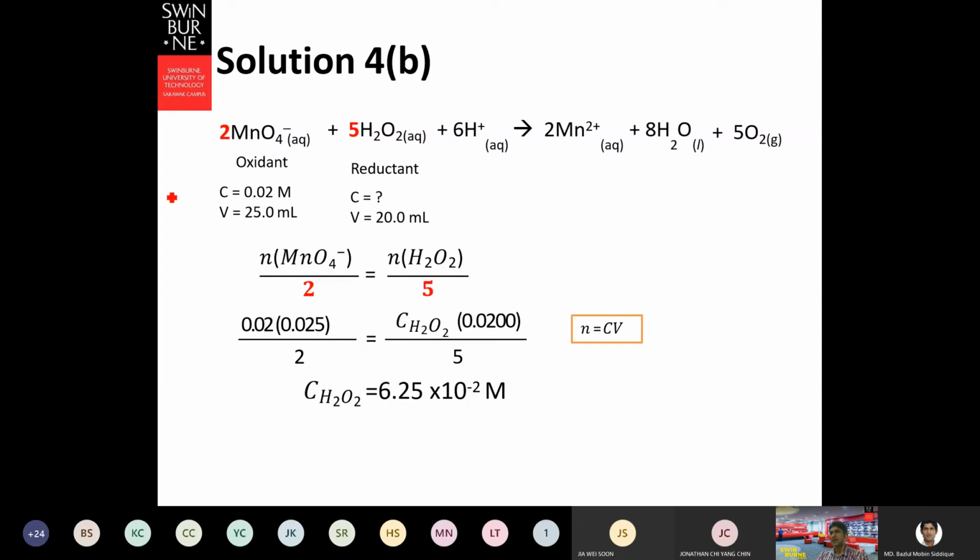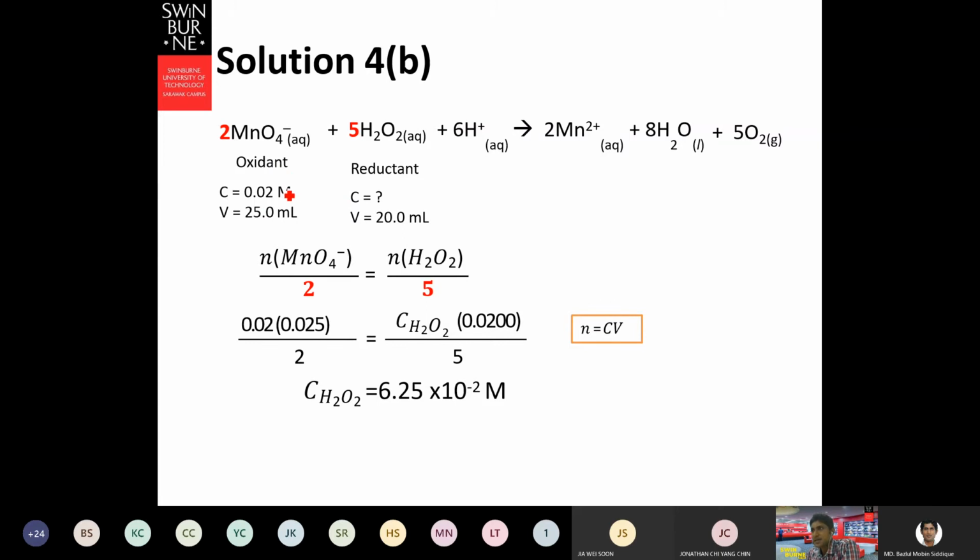Okay, so here it says 0.02 molar potassium permanganate. For this case, we see that the permanganate is the oxidant, oxidizing but getting reduced, and hydrogen peroxide is a reductant, getting oxidized.